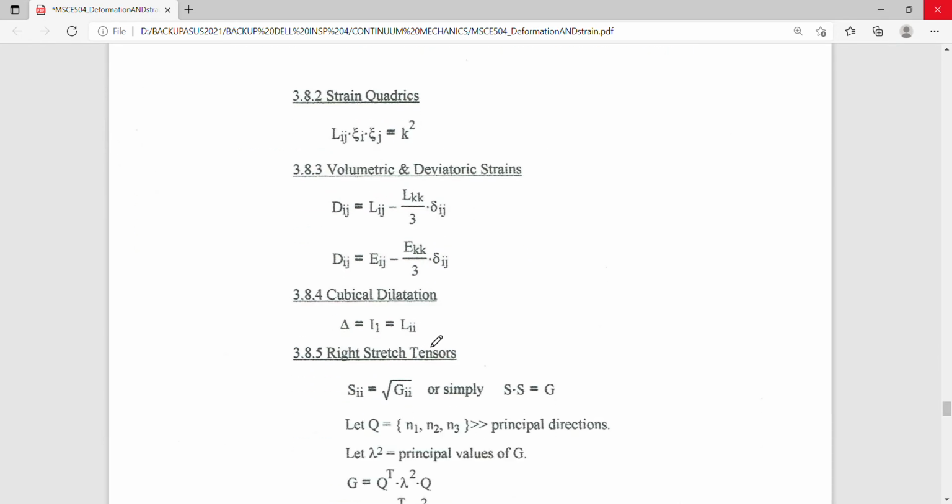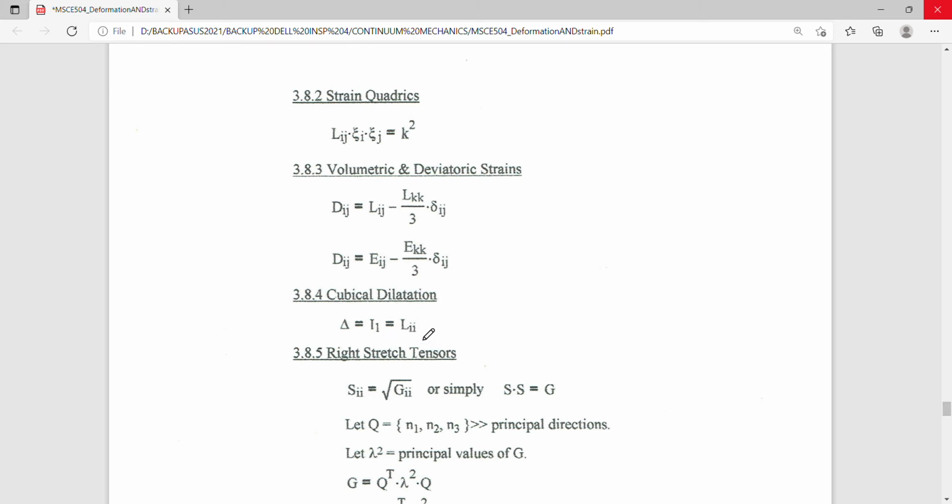The cubical dilatation was not emphasized on the stress analysis, since dilatation has something to do more on strains rather than stress, and simply this has something to do with the sum of the normal strains, which are the components on the diagonal term of your strain tensor, which is simply Lii, or simply the first invariant, no?